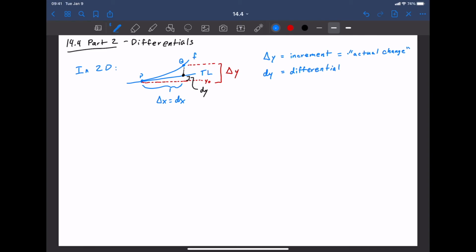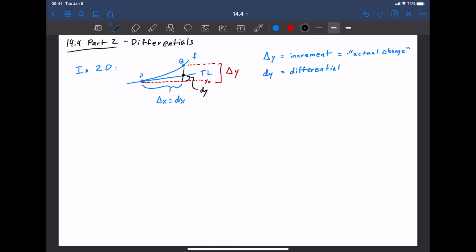So the independent variable is not affected by changing which curve we're on. That's what makes it the independent variable. What got affected was the difference between how the y-coordinates changed if we traveled along the tangent line versus how the y-coordinates changed if we traveled along the curve itself. Okay? This is the gap.